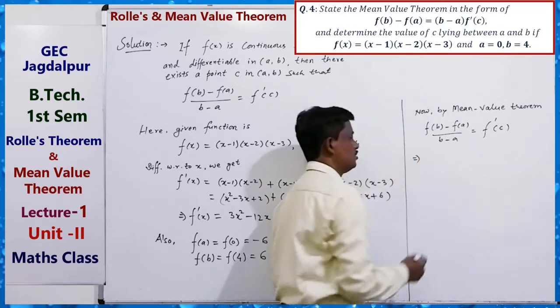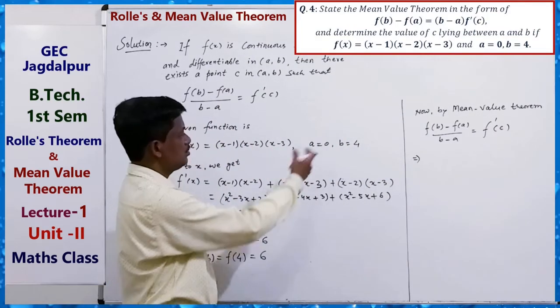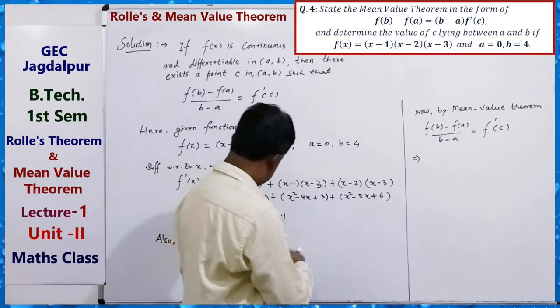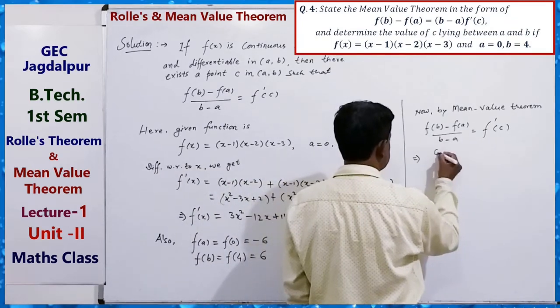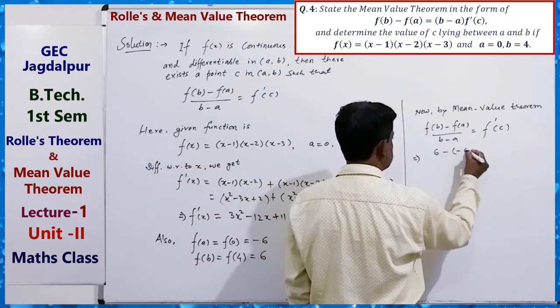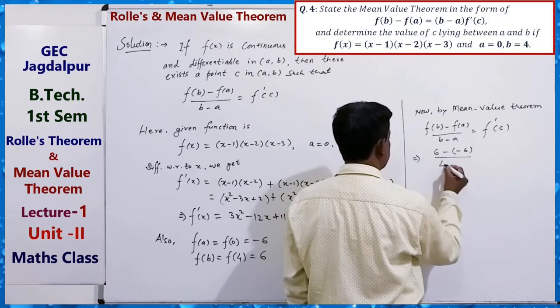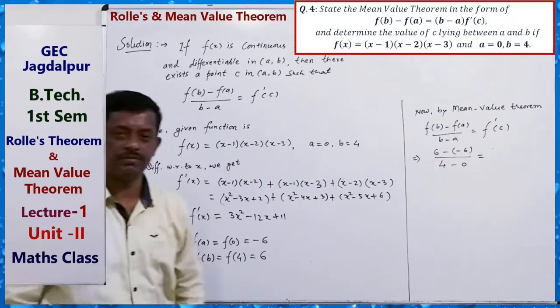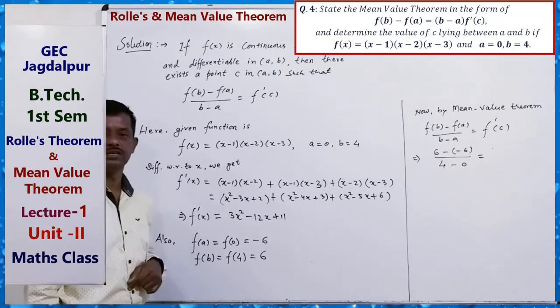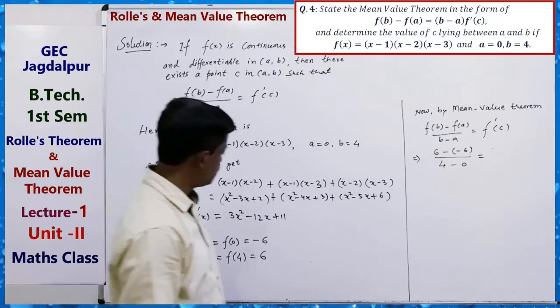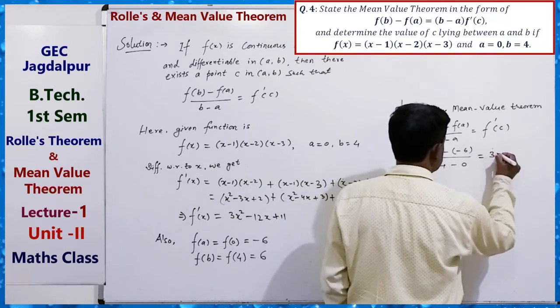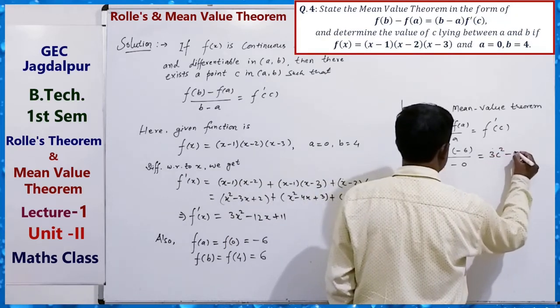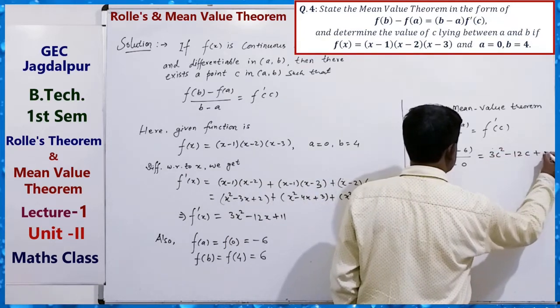Using a equals 0, b equals 4, f(a) equals minus 6 and f(b) equals 6, we get (6 minus (minus 6)) upon (4 minus 0) equals f dash c, and f dash c is 3c square minus 12c plus 11.